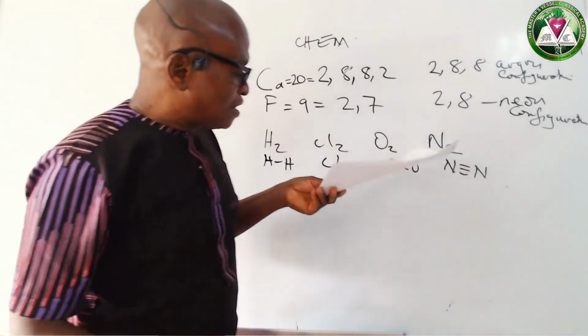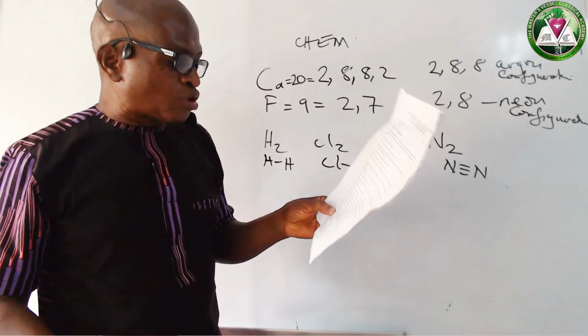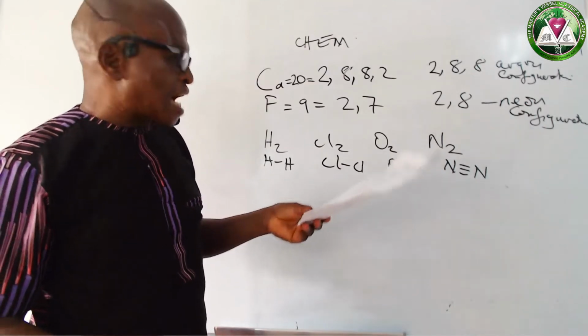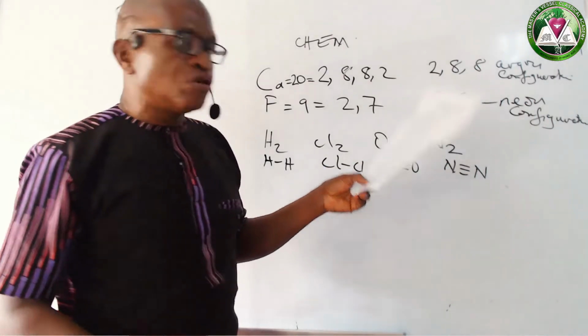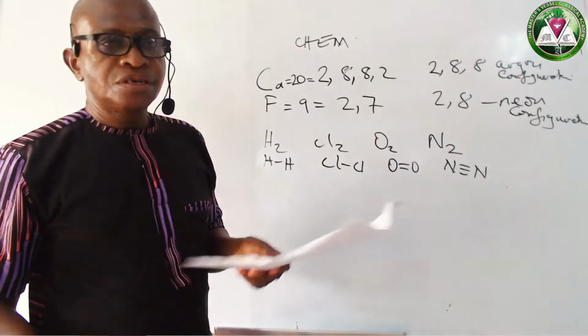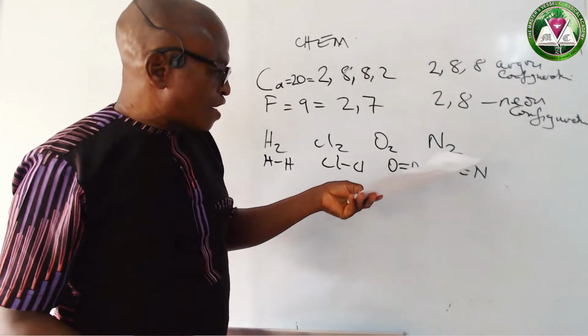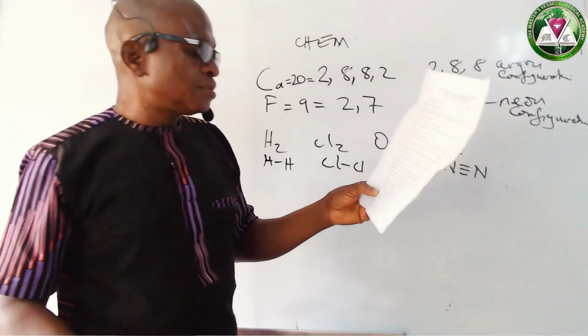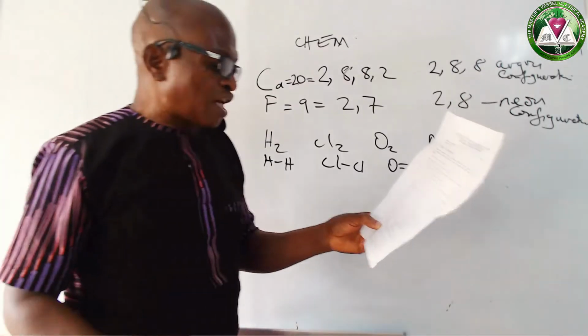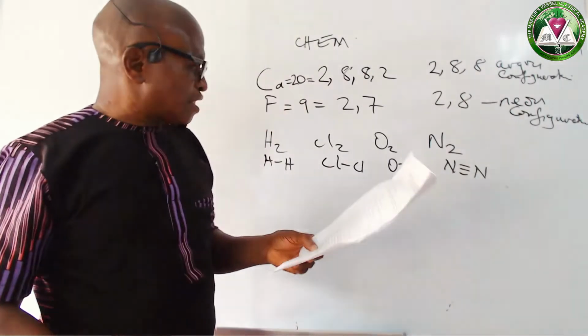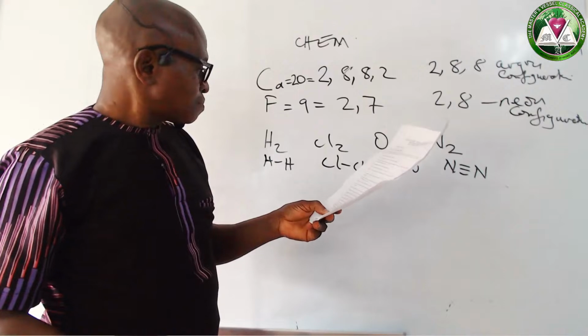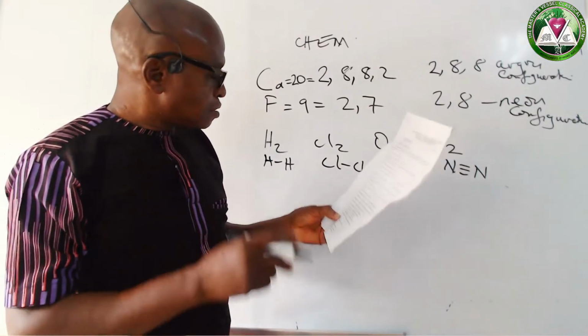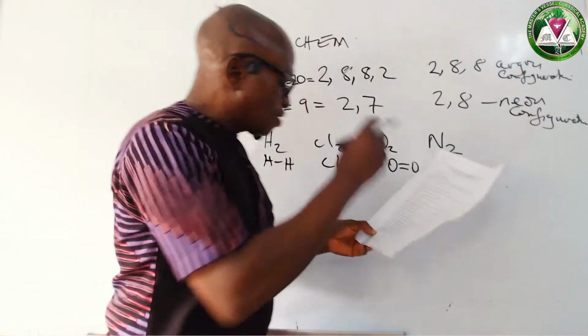It is nitrogen that has the strongest covalent bond because it has a triple covalent bond.